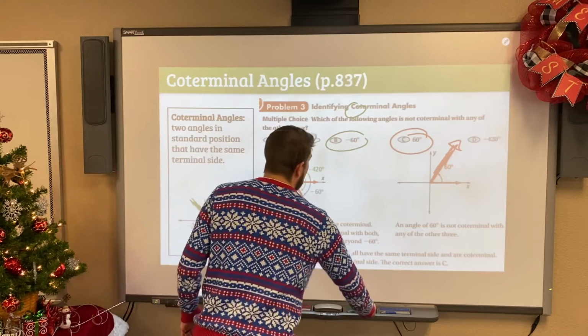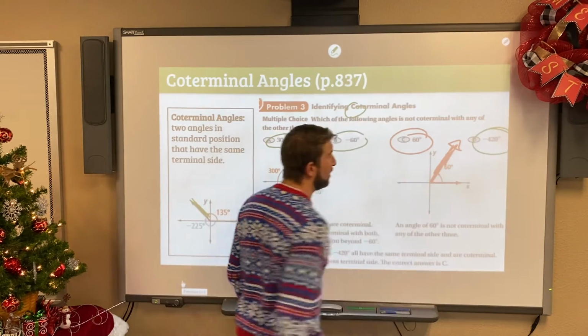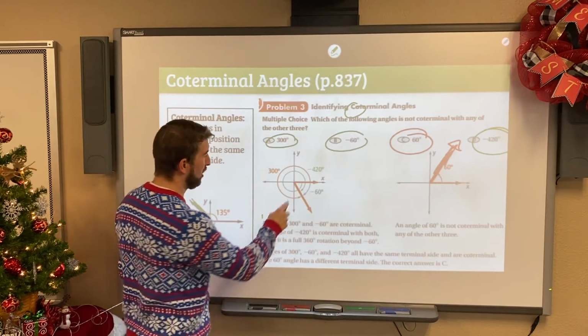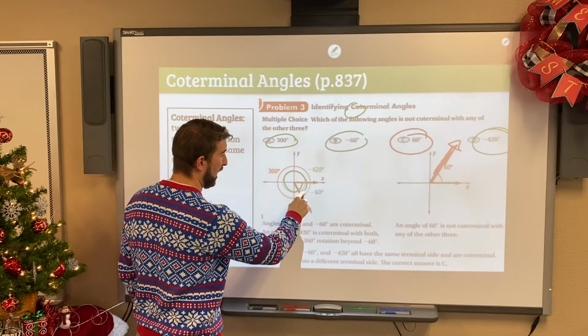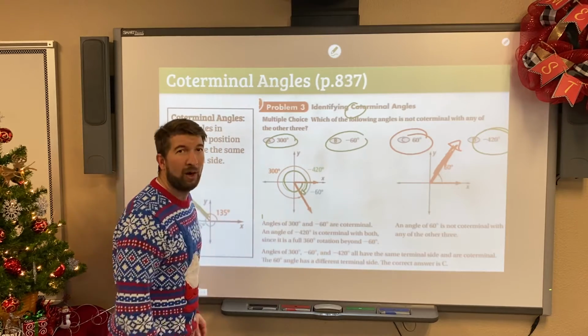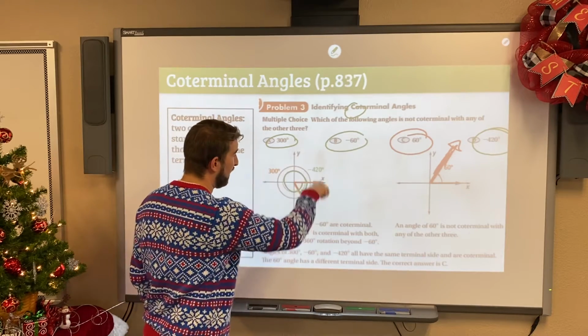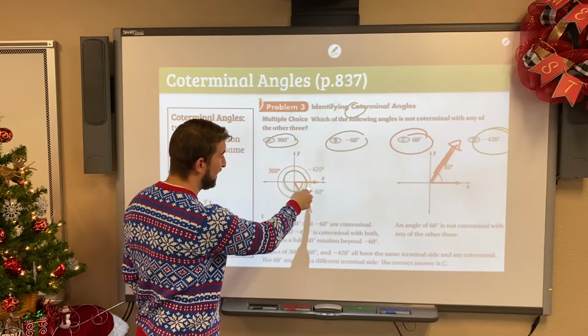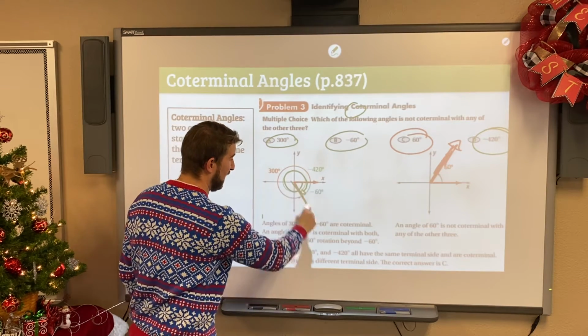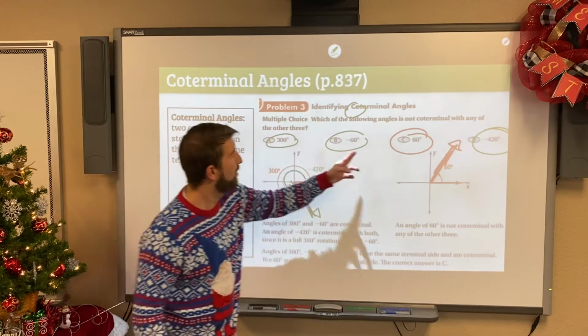And then negative 420, this is a little tricky one. You're actually going to go all the way around one time, all right, clockwise all the way around, plus an additional 60 degrees, and so it's going to end in the same quadrant as these first two.